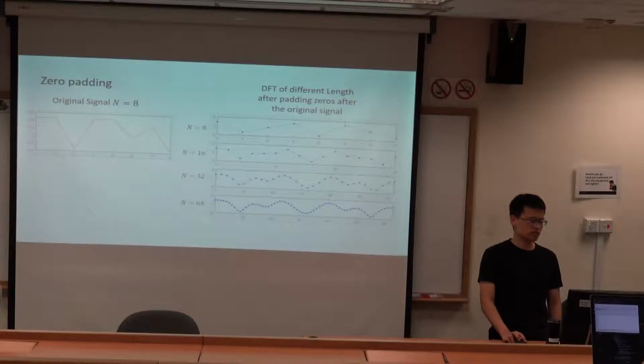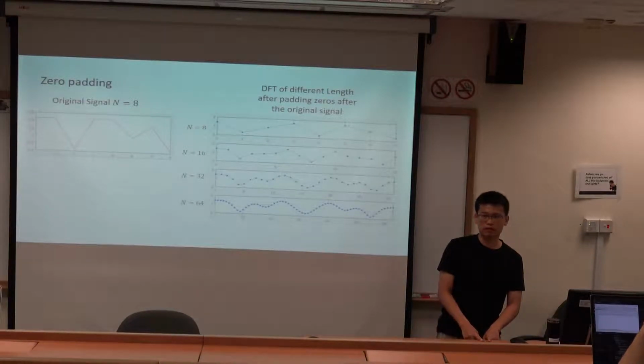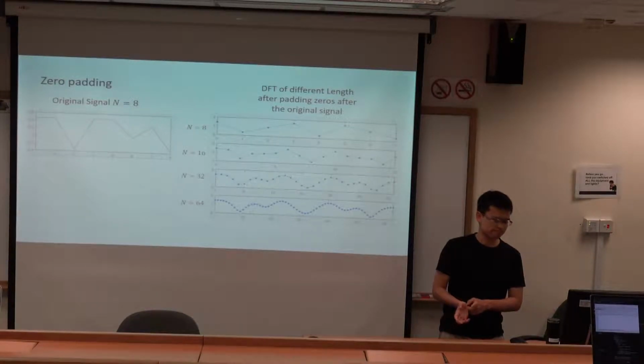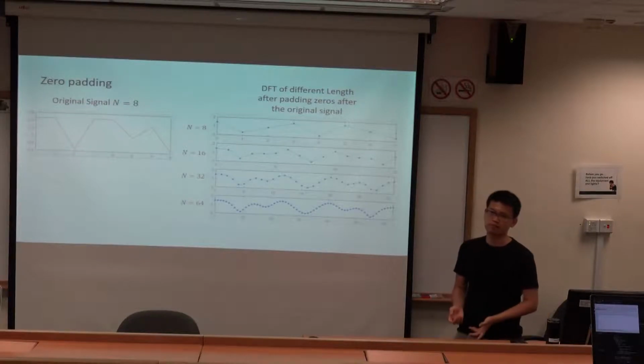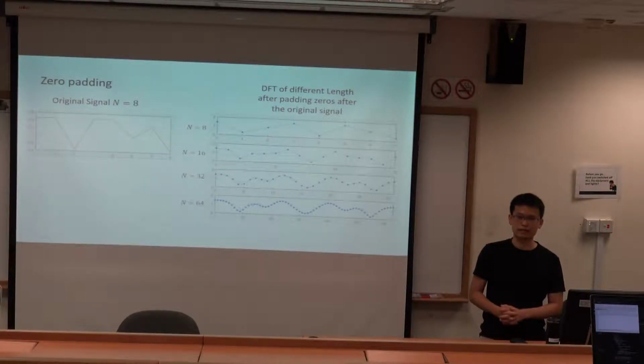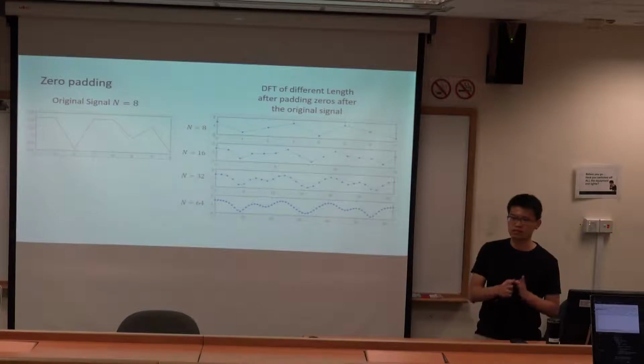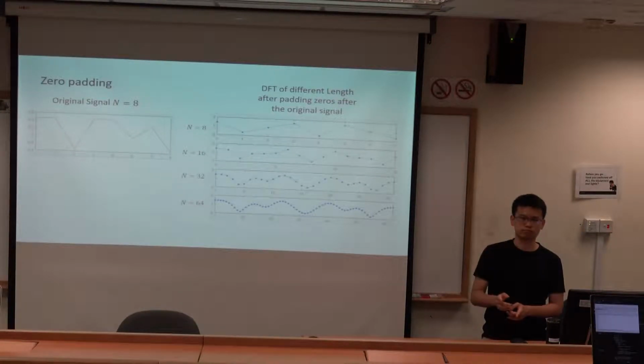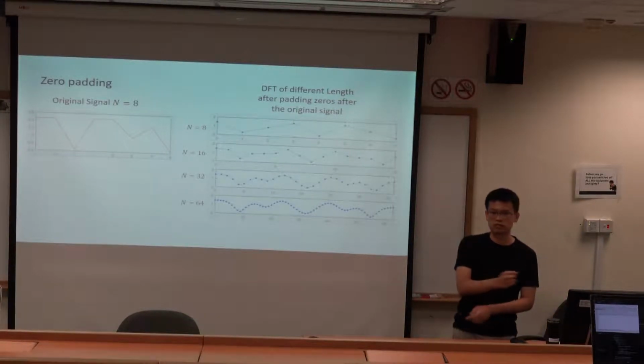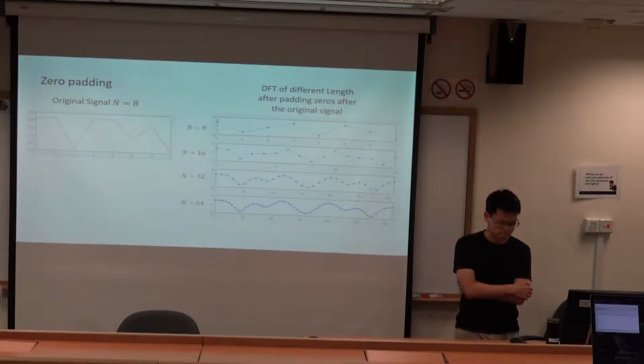Here is a random signal with length of n, and the length of the capital X array from the DFT we mentioned before is exactly capital N. They are the same length as the original signal.